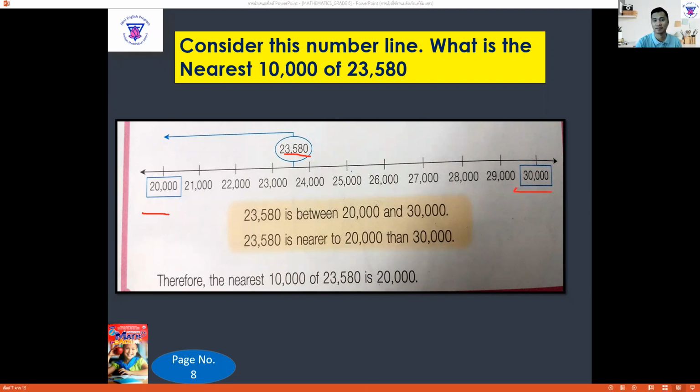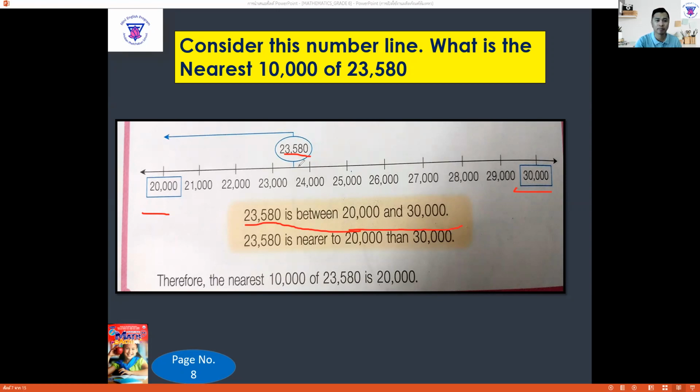What is your answer? Okay, so 23,580 is between 20,000 and 30,000. Okay, so it's in between. Between means it's in the middle. Okay, it's in the middle.